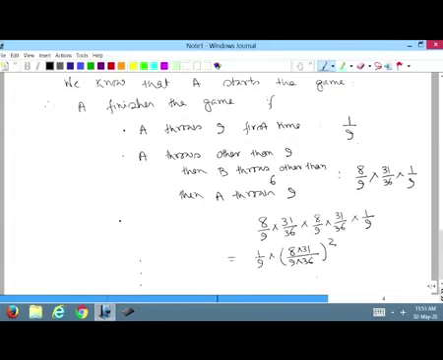As you can understand, A finishes the game only at odd turns.